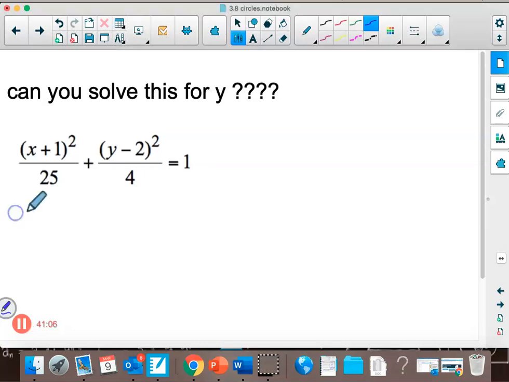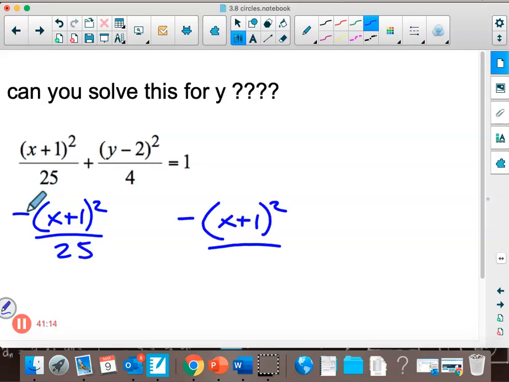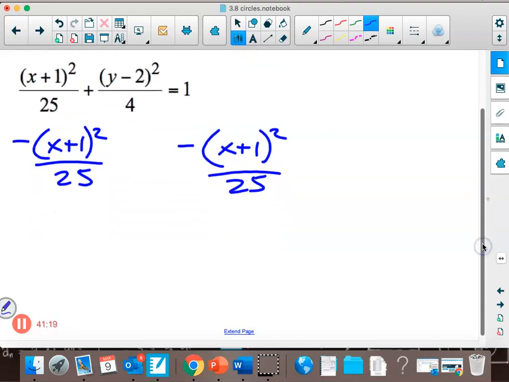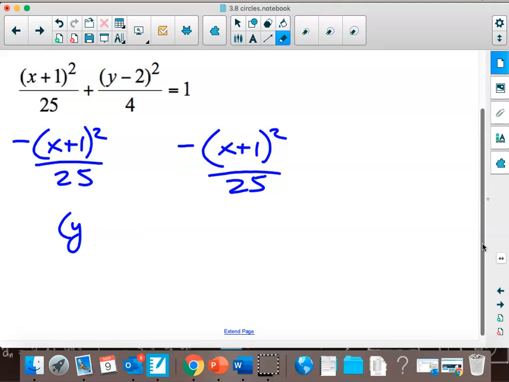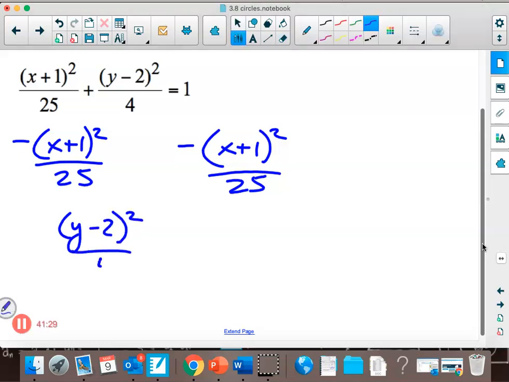So we're going to start by subtracting this whole big x term from both sides. And we end up with y minus 2 squared over 4 equals 1 minus x plus 1 squared over 25.